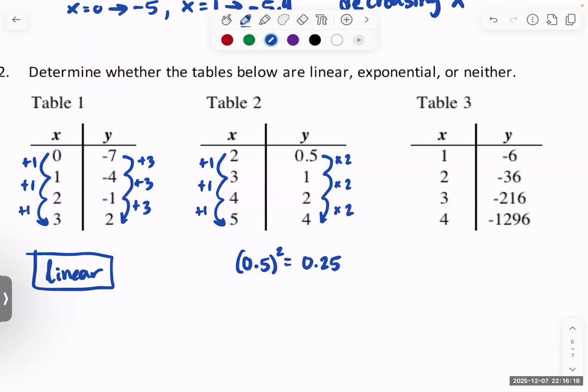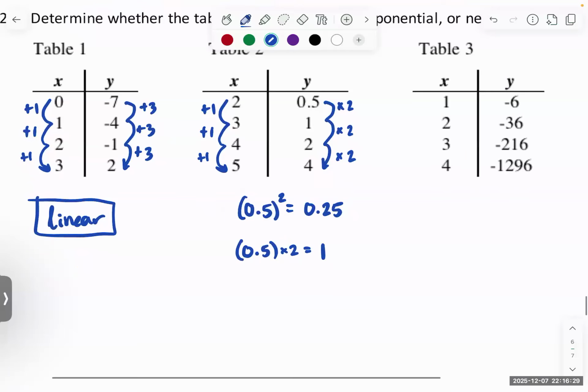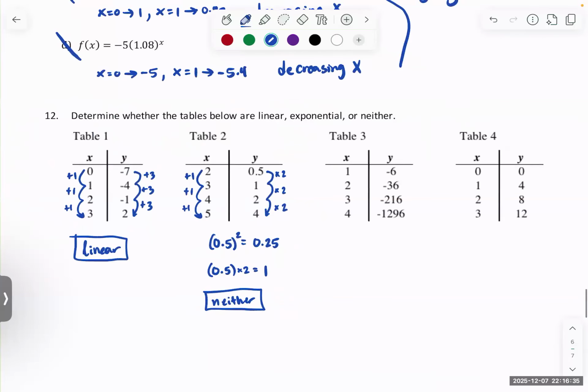So that's not 1. But here, 0.5 times 2, which is different, is indeed 1. So this is not exponential, nor is it linear. It's actually neither. Okay.